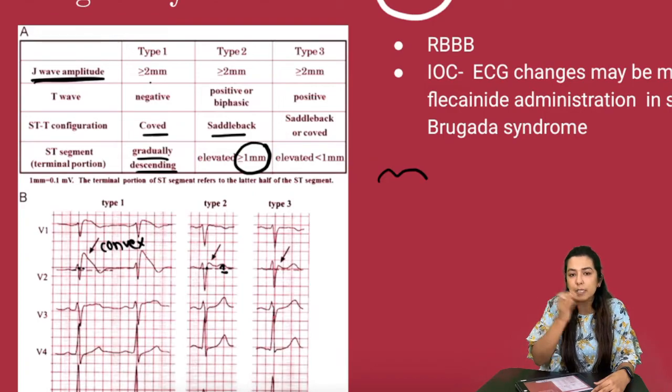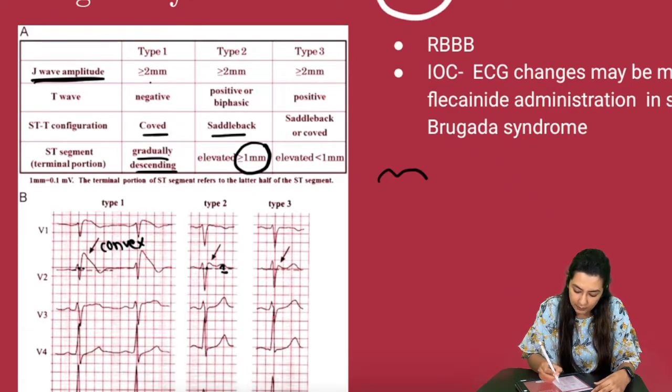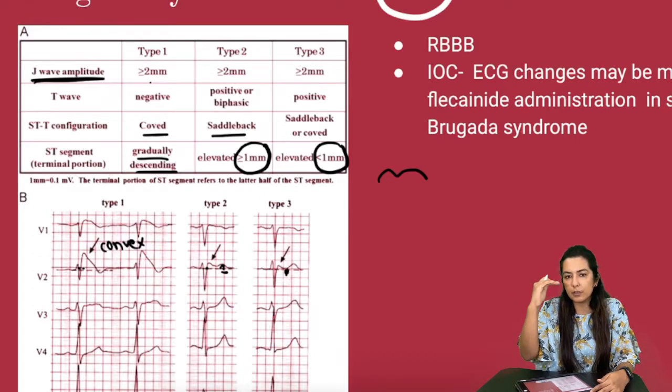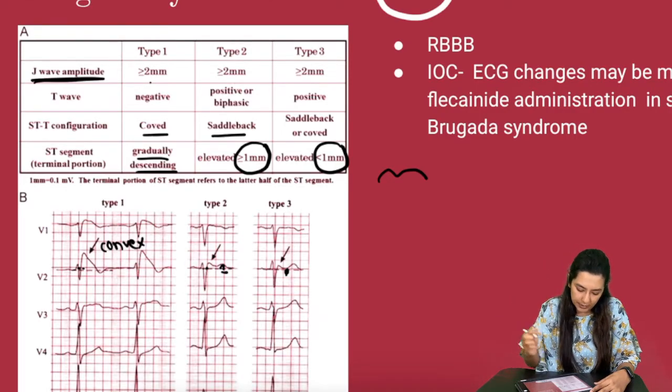So the difference between type 2 and type 3, if both are saddle back shape, is that the end point of the ST segment is more than 1 mm in type 2 and less than 1 mm in type 3. The final part of the ST segment will not be elevated, it will be near the baseline. This is how you differentiate type 2 and type 3.